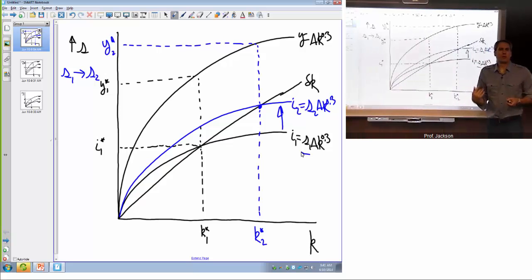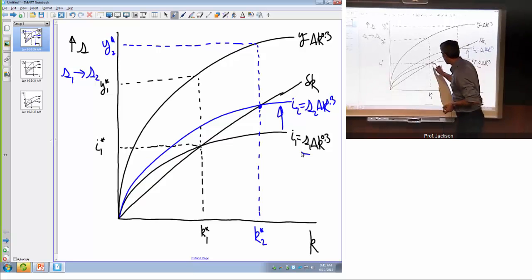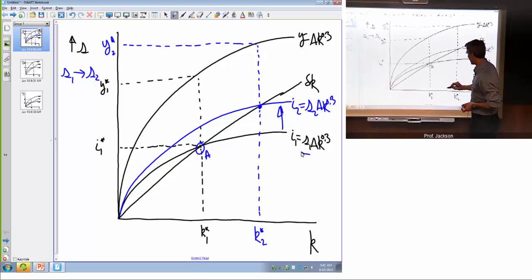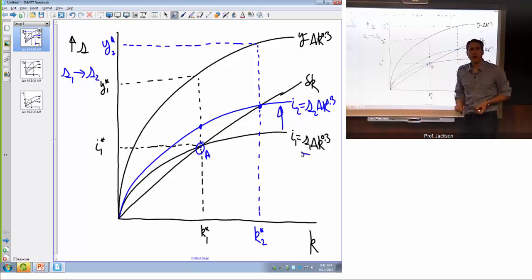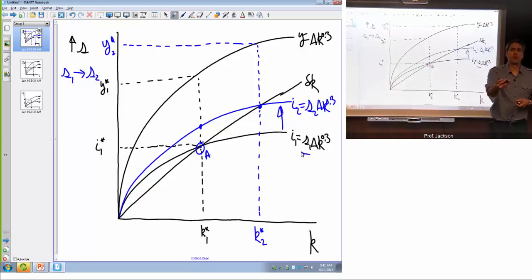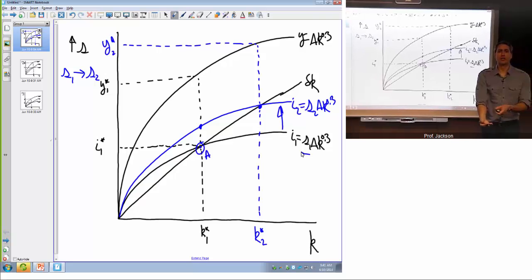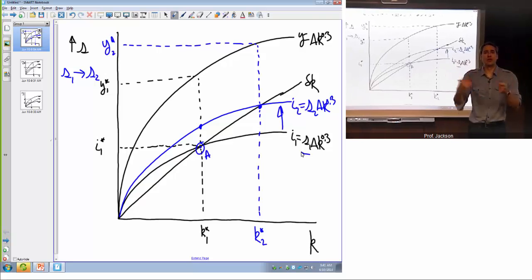Like we talked about with the mechanics in the previous video, once our steady state changes, we're going to move towards that new steady state. So if we're initially here at point A, then at that point the amount of investment per worker is going to be greater than the amount of capital that's being depreciated away. Over time, if you're investing more than what's being taken away in depreciation, the capital stock is going to rise.